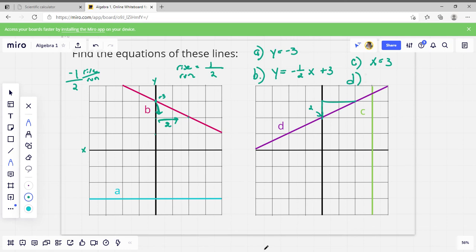So D is y equals mx plus b. My m is up 1 over 2, so 1 over 2 x plus b, and my b was 2, right there, the point where it crosses the y line. All right, so there's those.